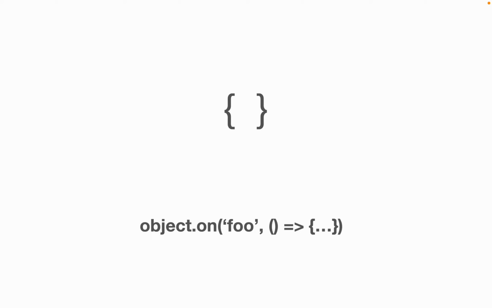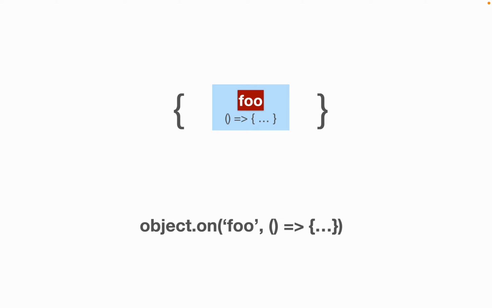So whenever you're using the EventEmitter object, you basically have this master object. And when you run the on method like this, for example, on foo and then a function, what you're doing is that you're pushing a function on to this master object. And that's actually all that's happening inside of EventEmitter.